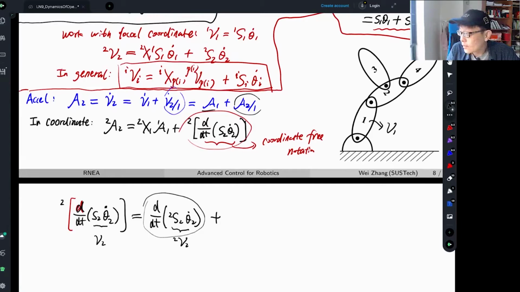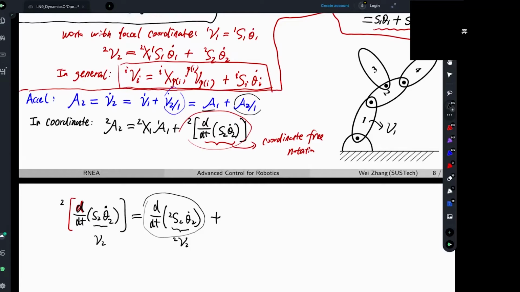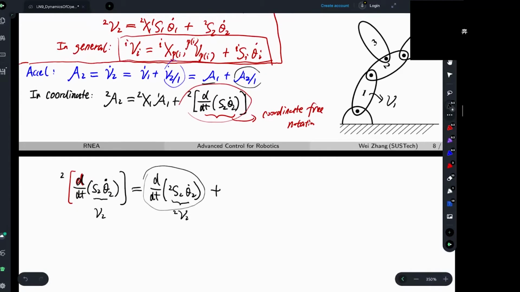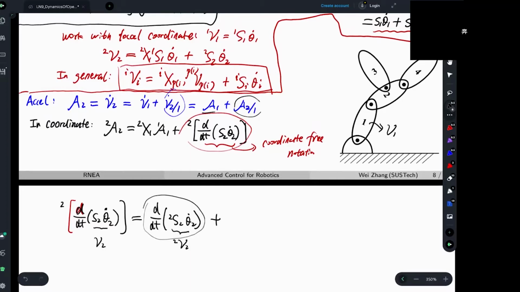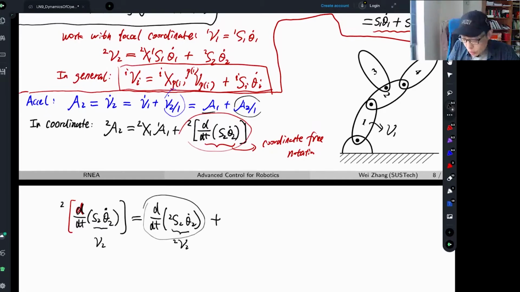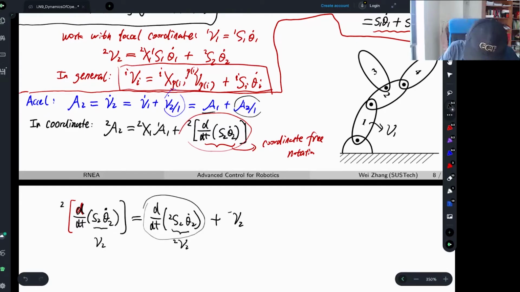Frame 2's velocity is v1 plus v2, yes, of course it will be just v2. Frame 2 is attached to body 2, so body 2's velocity will be frame 2's velocity. They are a rigid body. So frame 2 has a velocity, and let's use v2 in 2 to represent it. Then you need to cross, because frame 2 is moving, frame 2's velocity cross s2 theta 2 dot.